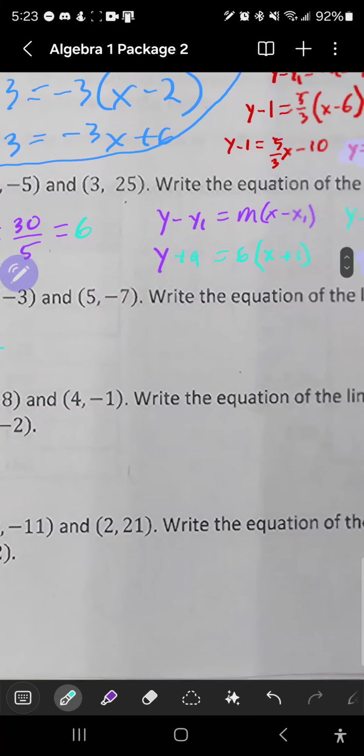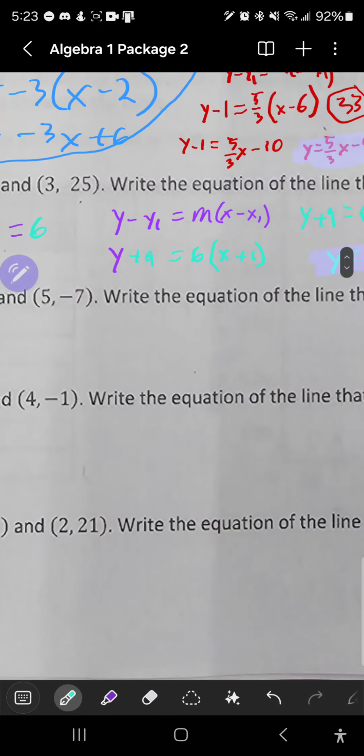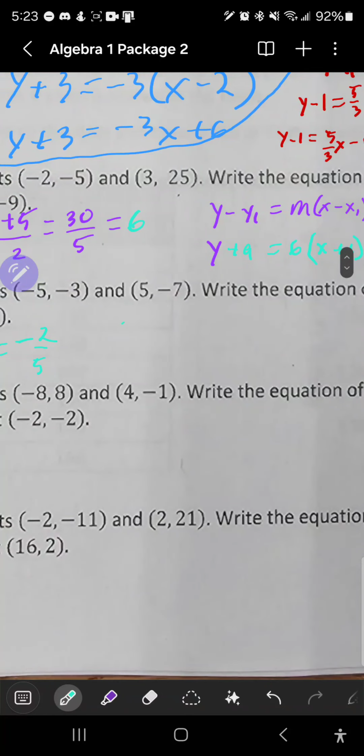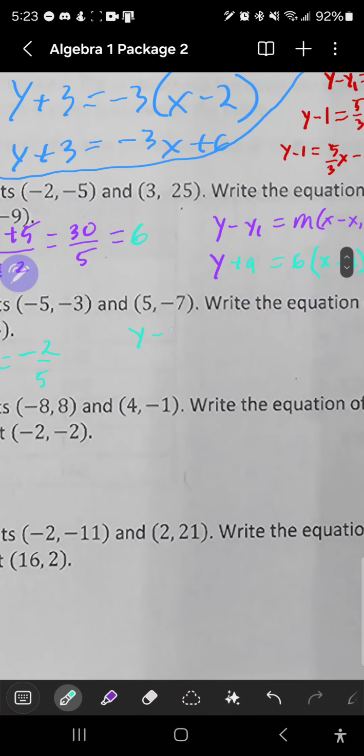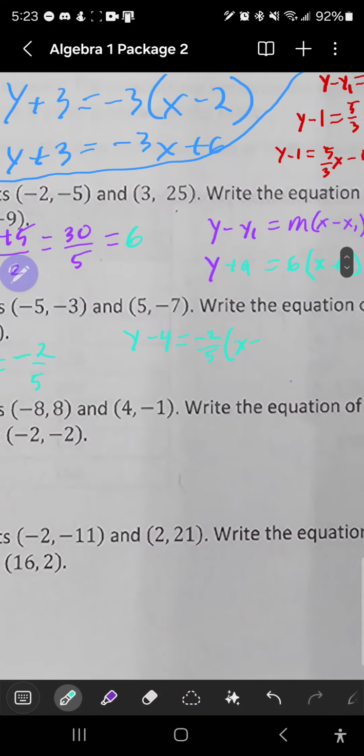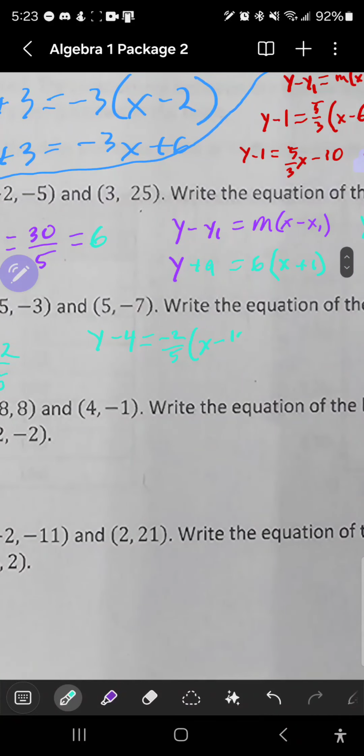Now keep going. Our slope needs to be parallel, so we use the same slope, and now we say y minus, okay, what is our y value? 4, okay, y minus 4 equals negative 2 over 5, x minus, what is our x value? It is 15, so x minus 15.